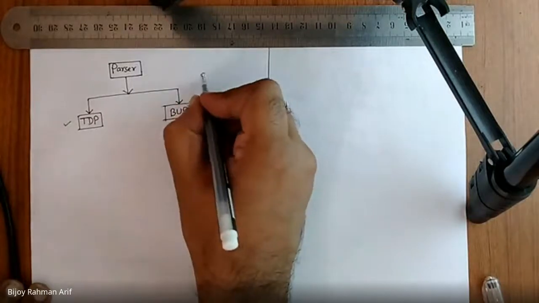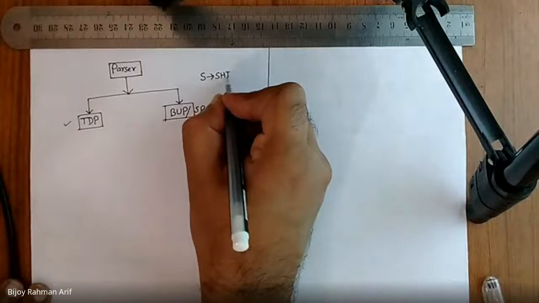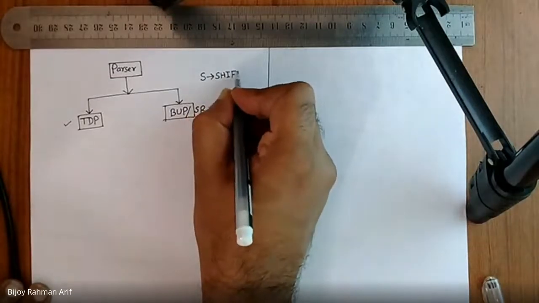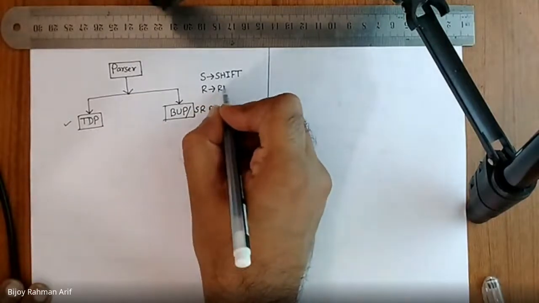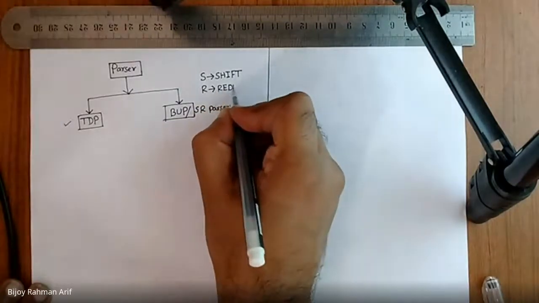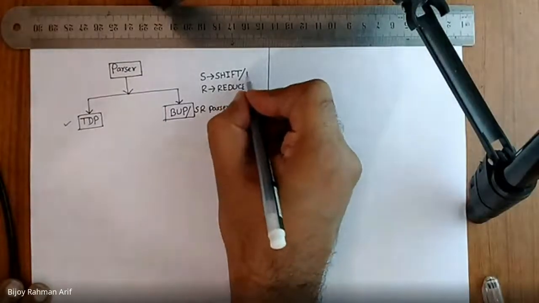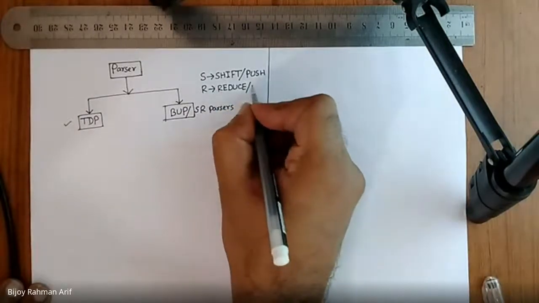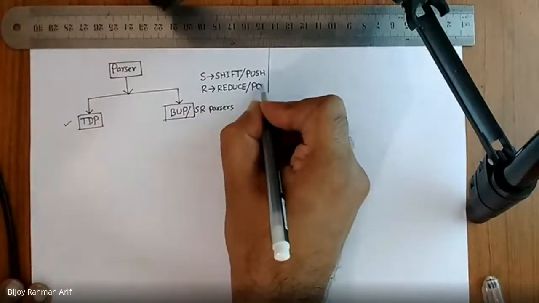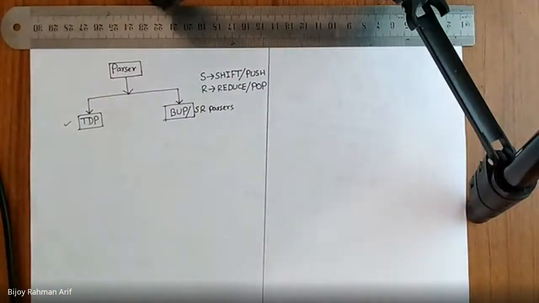S means shift and R means reduce. Another name for shift is push. Another name for reduce is pop. So can you tell me one commonality between all the bottom-up parsers, just looking at these two words?